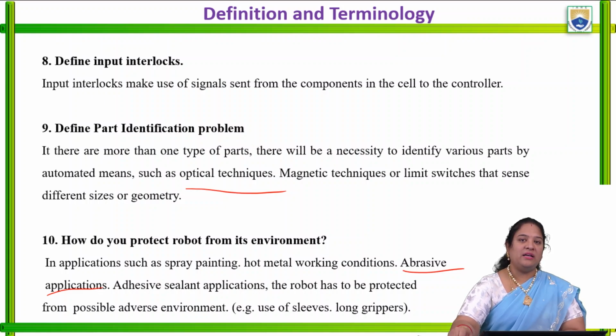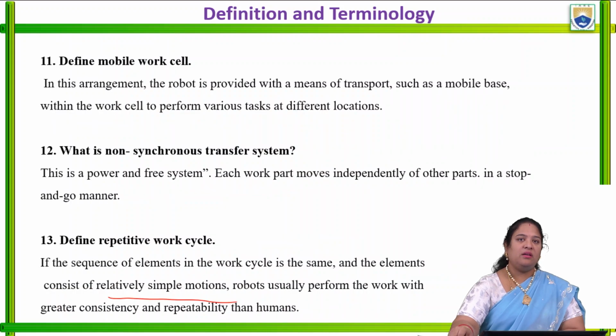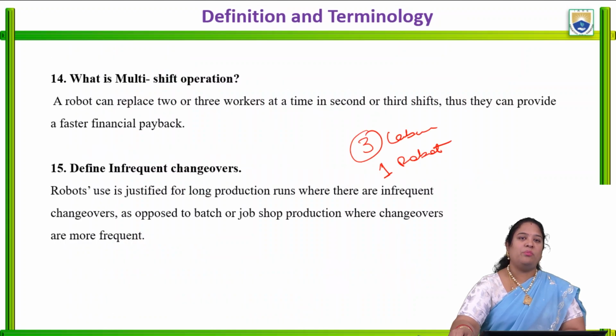We have seen part identification, how we identify problems in various parts of the robot with the help of optical techniques. Next, how we protect the robots from various types of environments, the abrasive type of application, and that also we have studied. And what we mean by mobile work cell, non-synchronous transfer system, repetitive work cell, multi-shift operation, and infrequent changeover. Hope you have understood all these definitions and terminologies from module 5.